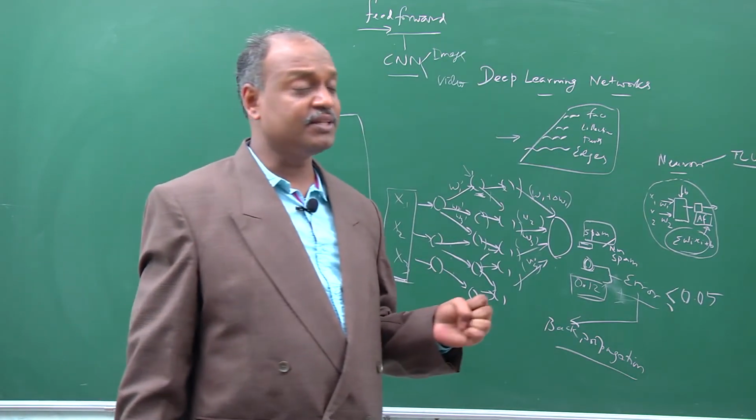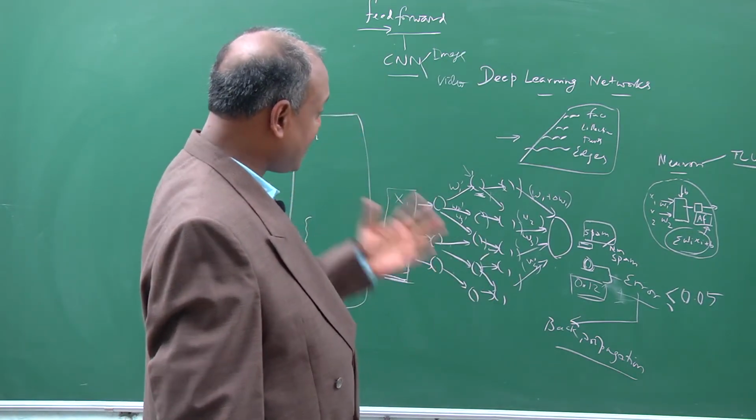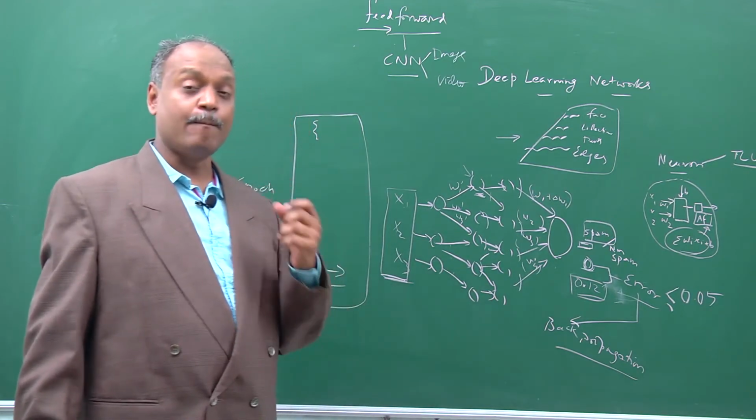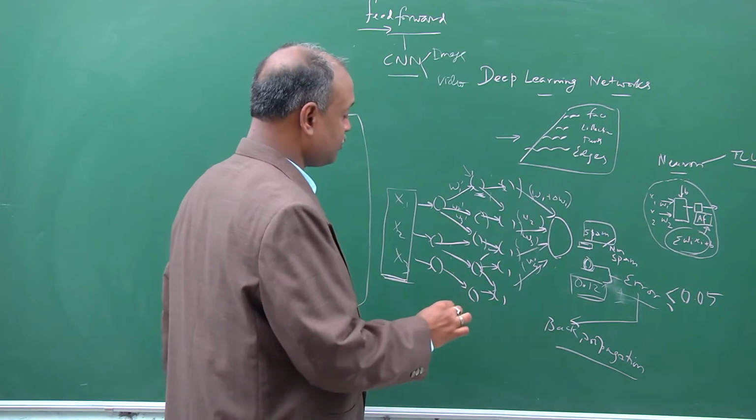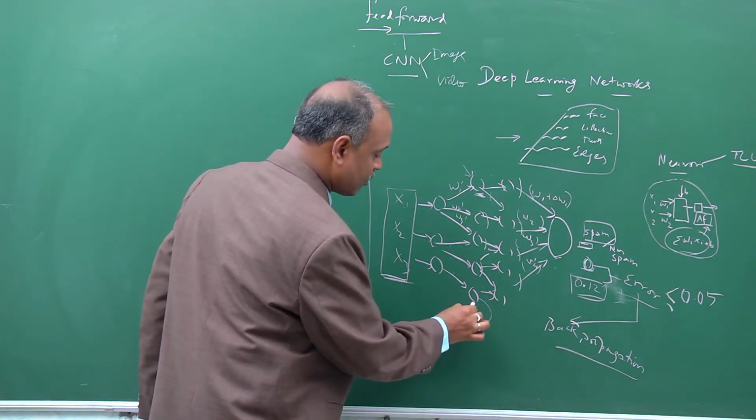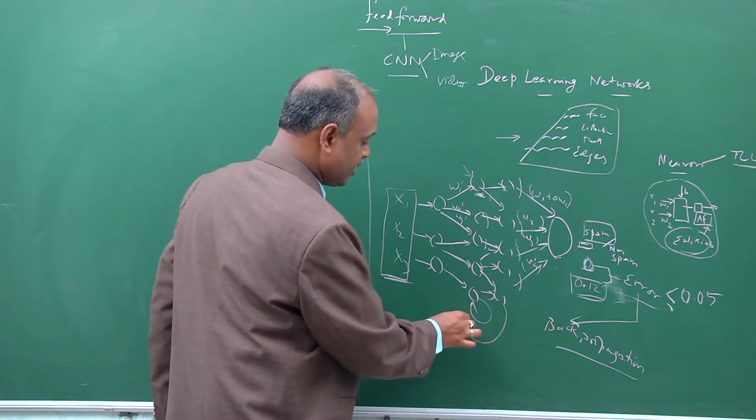But what has happened in speech and text scenarios is there is a need for memory to be present in the network, and that is only possible if you can allow cyclic arrows or backward arrows in the network.